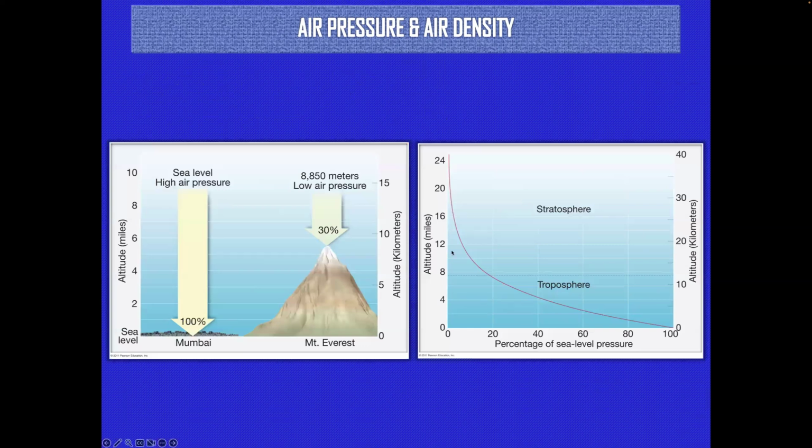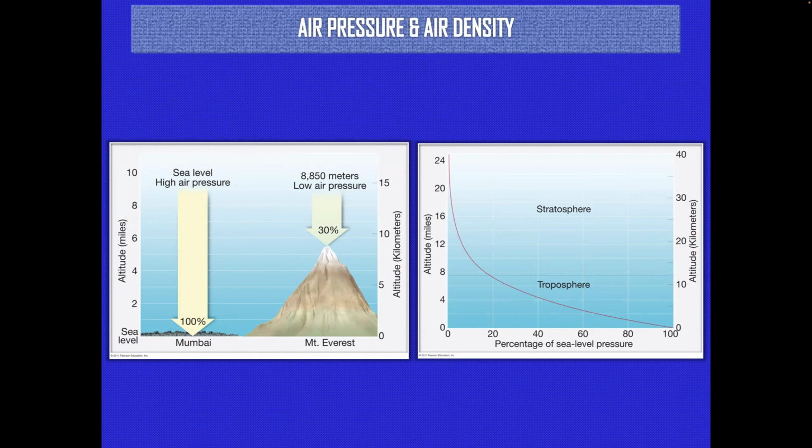So here's an example. If you're in the city of Mumbai, which is pretty close to sea level, or whether you are at the top of Mount Everest at 8,550 meters above sea level, by the time you get to the very, very top of Mount Everest, 70% of the atmosphere is below you, because the atmosphere is denser or thicker when you are close to the surface.